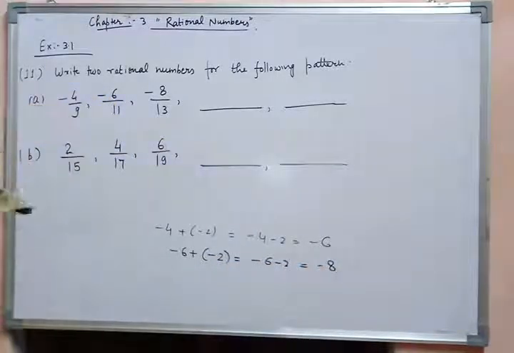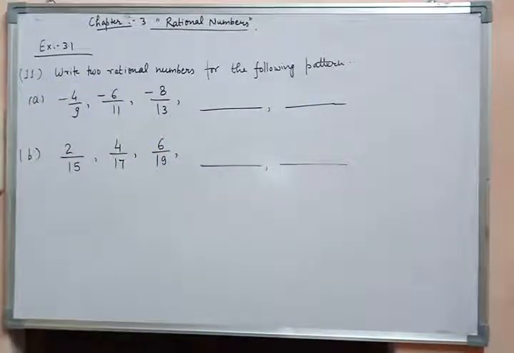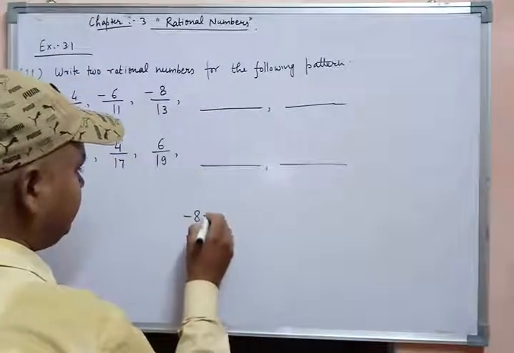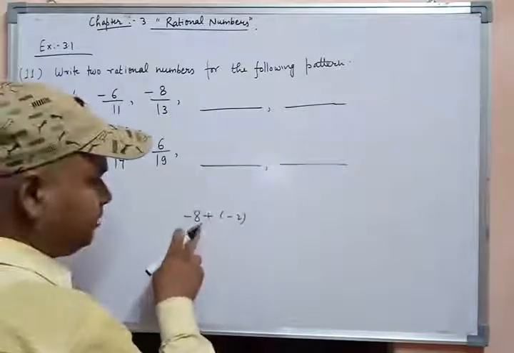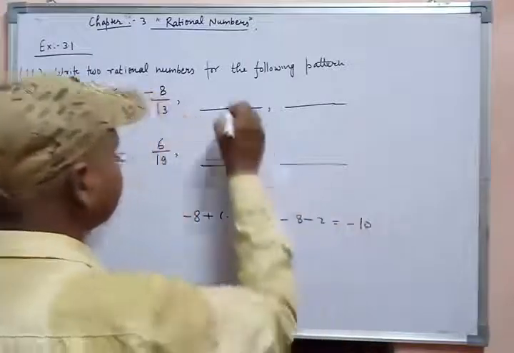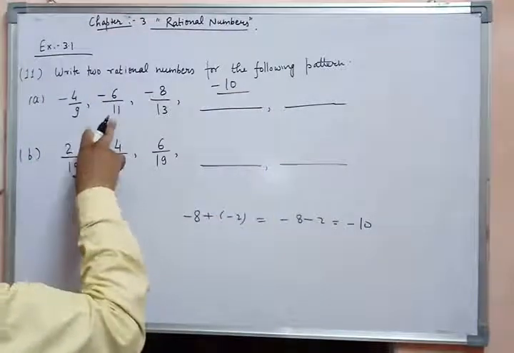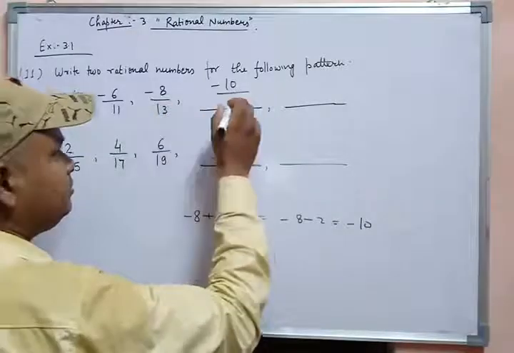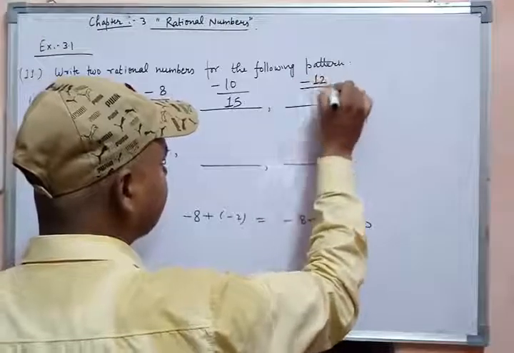So we have to write in the same way in this space. If we add -2 in -8, then we will get -10. So we can write here -10, and here 9 plus 2 is 11, 11 plus 2 is 13, 13 plus 2 is 15. In the same way we can write here -12 upon 17.